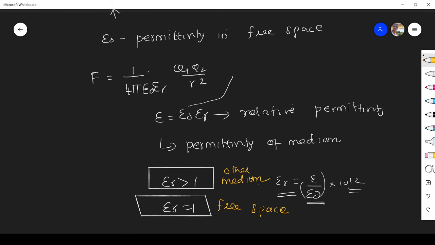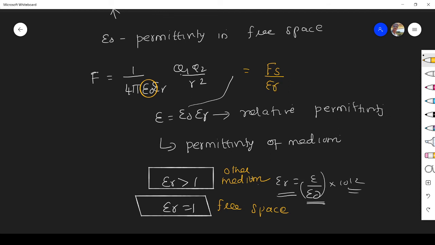Okay, so 1 by 4 pi epsilon naught Q1 Q2 by R squared is the force in free space.